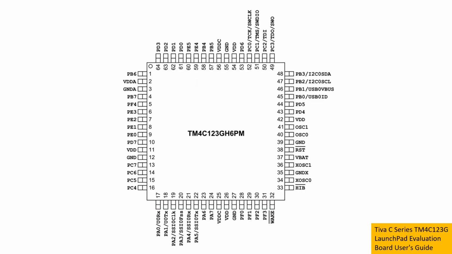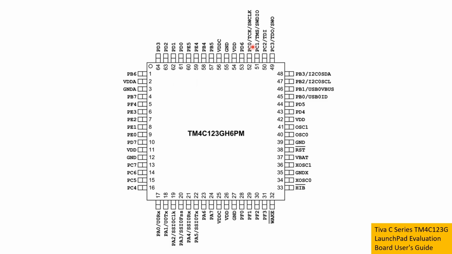Now, before we go any further, let's quickly remind ourselves of the pin out diagram here. Let's look at pin 52 of the TM4C123 chip. Now, pin 52, if you look at it, is a GPIO pin for port C bit 0.